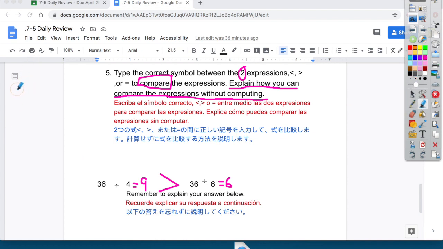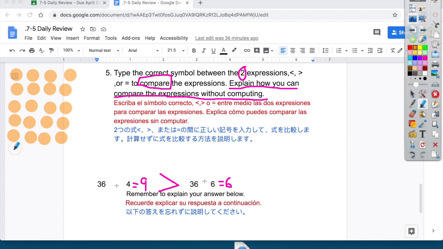So we have 1, 2, 3, 4, 5, 6, 7, 8, 9, 10, up to 36.